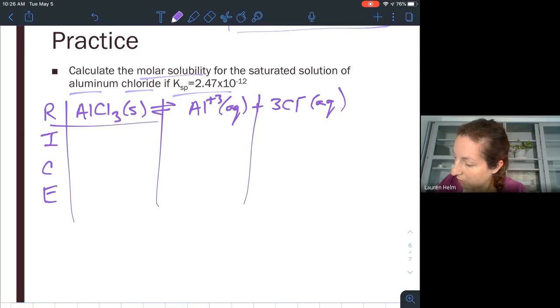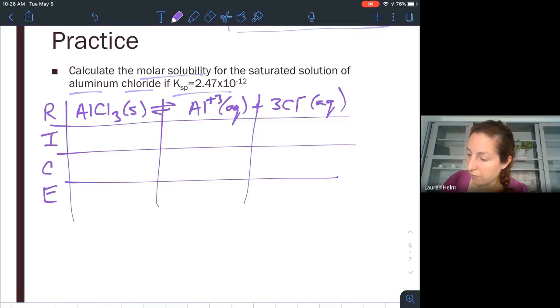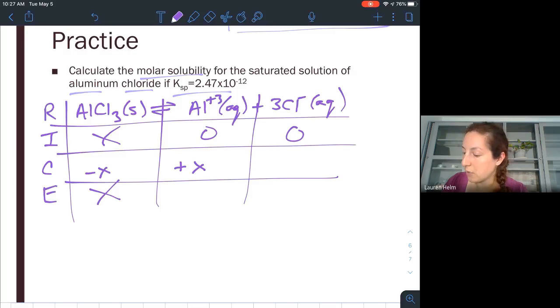Filling in my chart. Not interested in the initial or equilibrium of my solid, starting with no dissolved ions. Our change, we're going to lose some amount of solid, and we're going to gain X amount of aluminum ions and 3X amount of chloride ions. That means that our equilibrium is X and 3X.